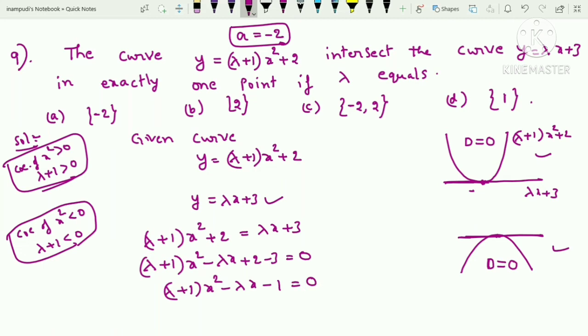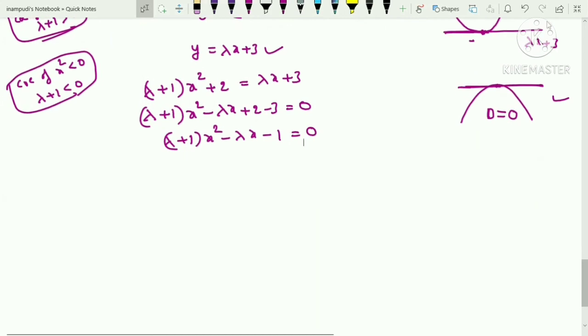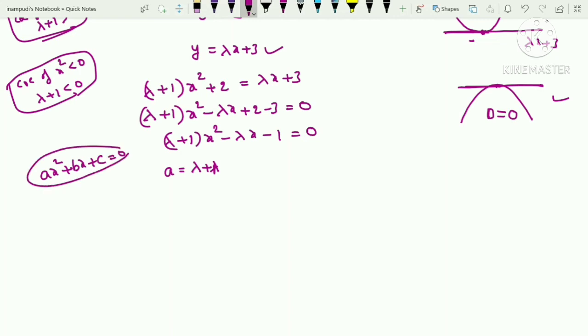So both intersect at one point only. We write it this way, comparing with ax square plus bx plus c equal to 0: a is equal to lambda plus 1, b equal to minus lambda, c equal to minus 1.